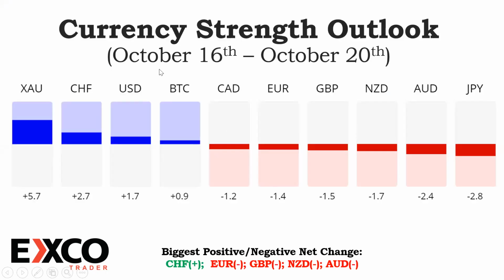On our currency strength outlook, you will see that the dollar is losing strength. Last week we anticipated that, and you could see how it lost strength all through till Thursday before it finally began to move in our direction as speculated. So this week, I would like to stay away from the dollar.